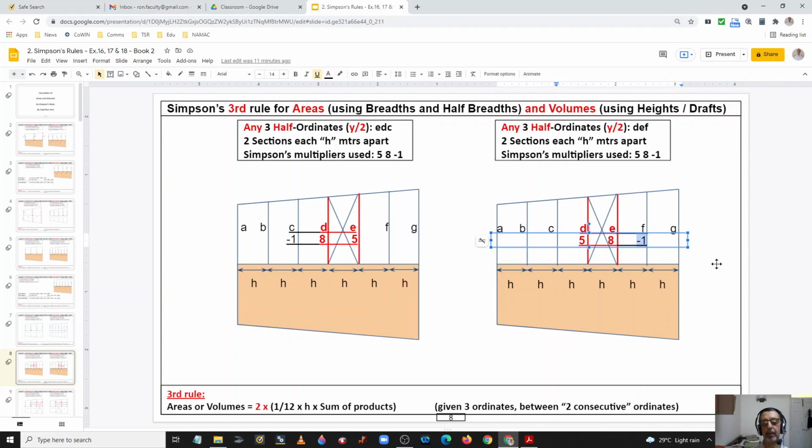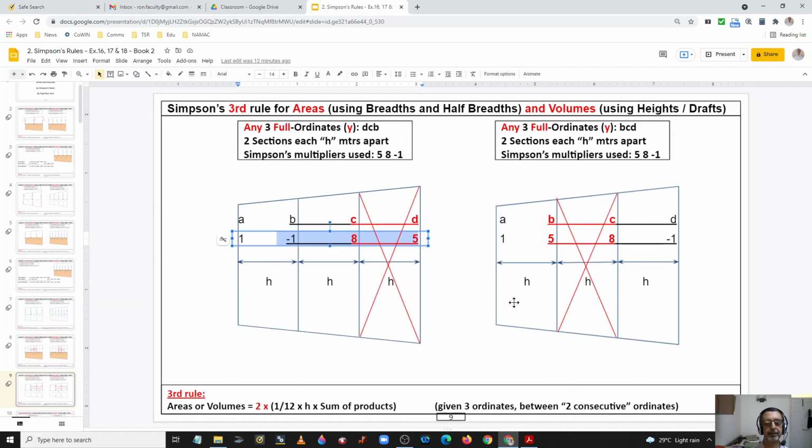The middle one is 8. In the picture on the right, we are finding the area between B, C and D, and here we have the first ordinate, that is B, hence the multiplier is 5. The last ordinate is D, and hence the multiplier is -1.